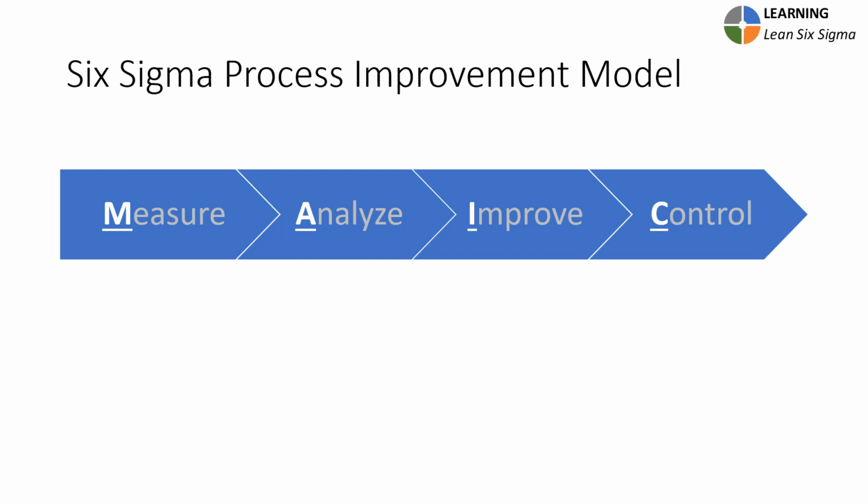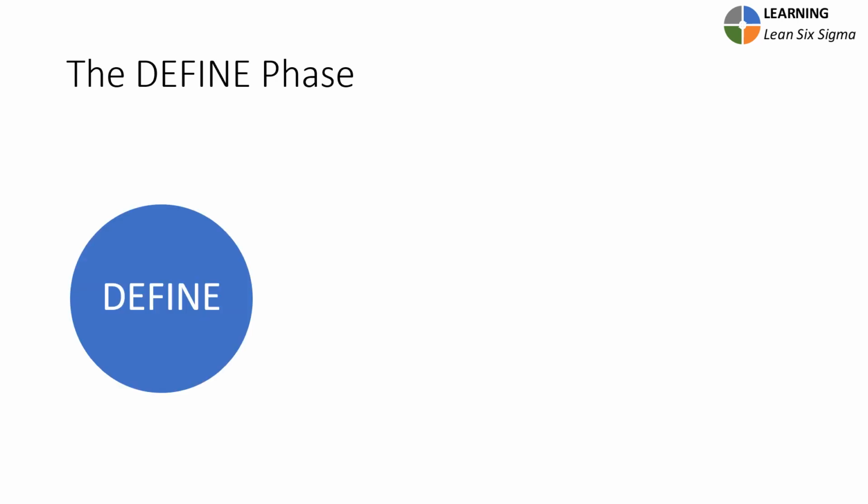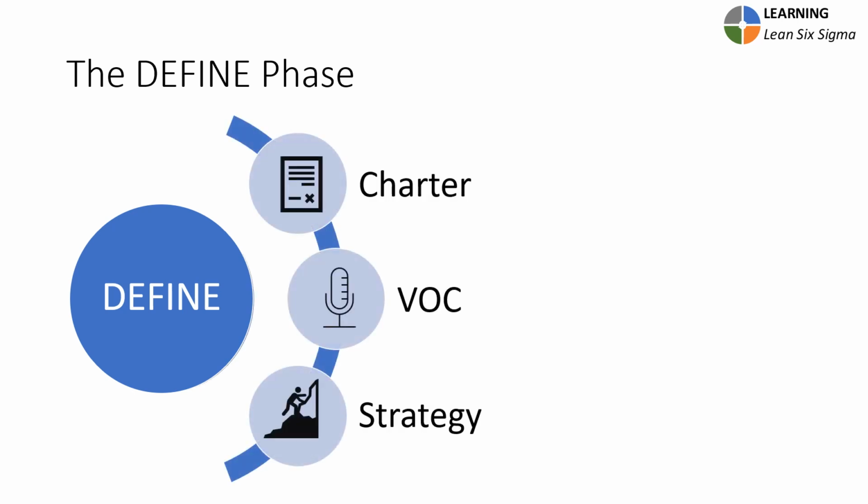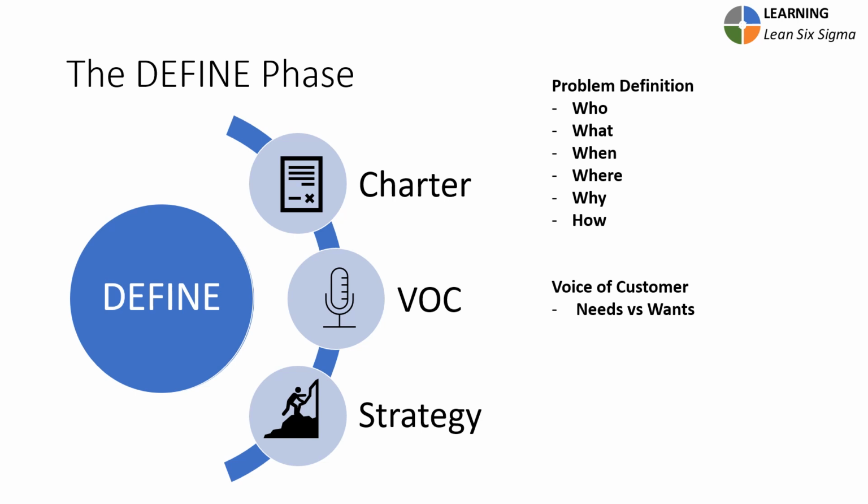So the define phase was created to address those gaps and to ensure that Six Sigma projects, Kaizen events, those kind of things had some direct linkage to those focal points. And so that's where we see things like the charter developed to explain the problem definition using the 5W 1H approach. Voice of the customer, really understanding the customer's needs versus the customer wants and making sure those are clear.